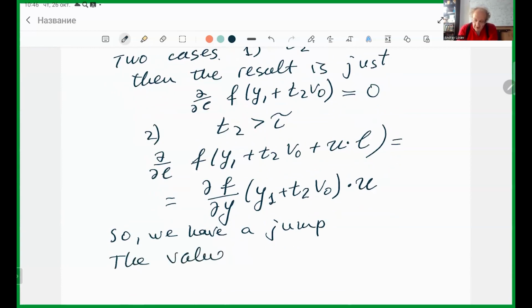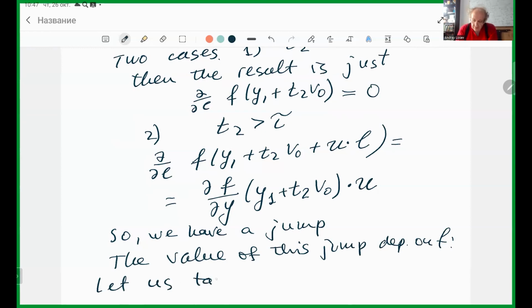Now the value of this jump depends on f. Let us take, for simplicity, f of y. So what f of y, Tim, would you propose?